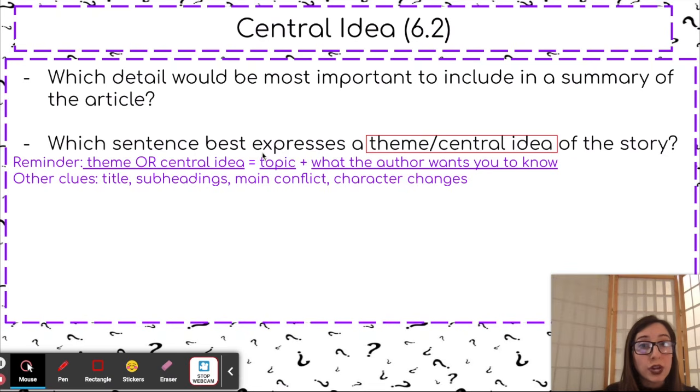If it's a story, a topic is usually something like family, love, honesty, friendship, etc., and what the author wants you to know about that. So, some other clues include the title, subheadings, or main conflict, character changes, etc. These are all big things that will come across in either an article or a story.